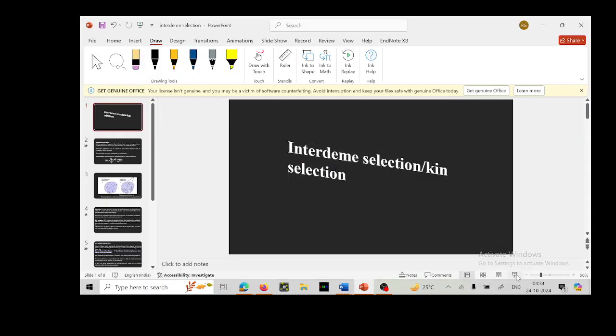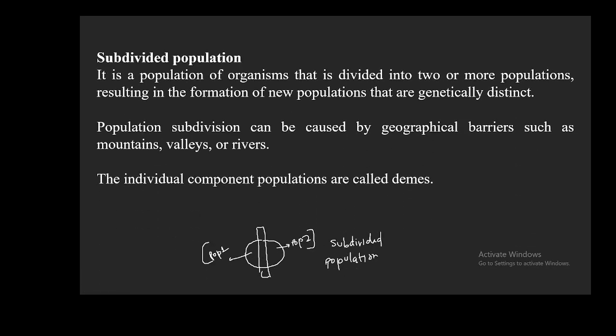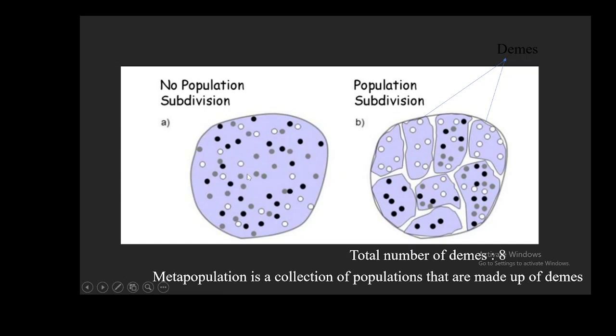Okay, so this is all about this lecture, and to summarize it, I just want to tell you two things which you need to remember. What are demes? Whenever a population is divided into many populations, these are known as subdivided populations or demes, and collectively they make the metapopulation. So this is number one.